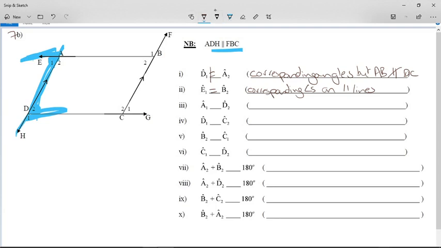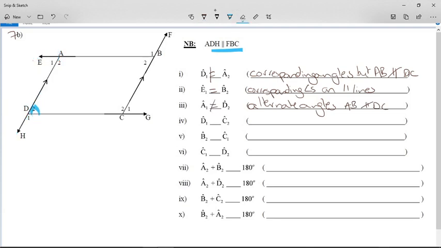They are sitting inside my Z. So these are alternate angles. But AB is not parallel to DC, so these two are not equal.